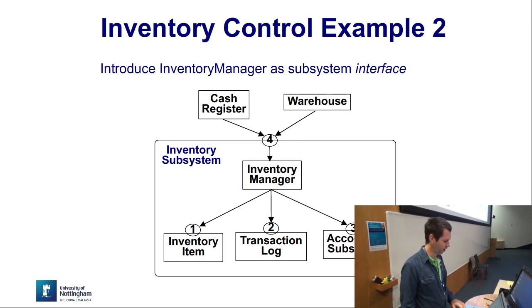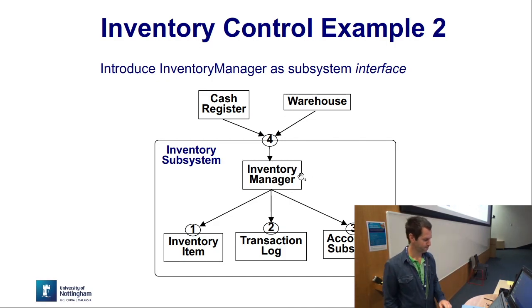So we have a new class called Inventory Manager, and all the messages pass through the Inventory Manager. And that Inventory Manager is essentially the inventory subsystem. And then, if we make changes to inventory, it doesn't break the cash register or the warehouse, right? Because the Inventory Manager hides the complexity of the rest of the system. Does that make sense, hopefully?